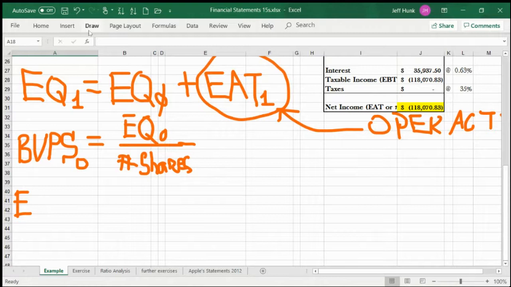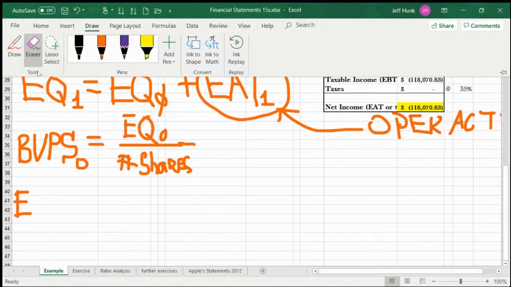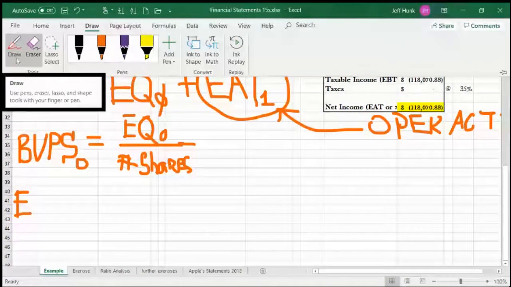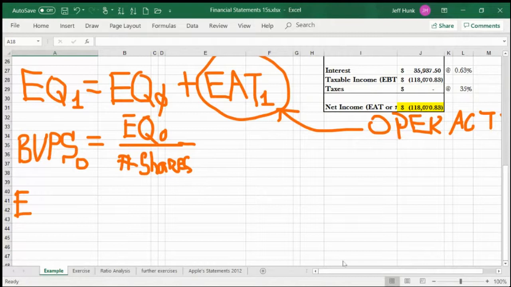It's an aggregate concept, right? In other words, the profit we are talking about is the total profit for the company. But for individual shareholders, what is the portion of that profit?